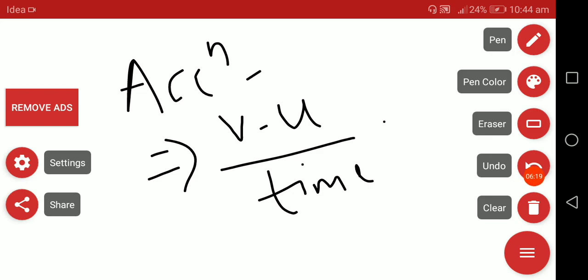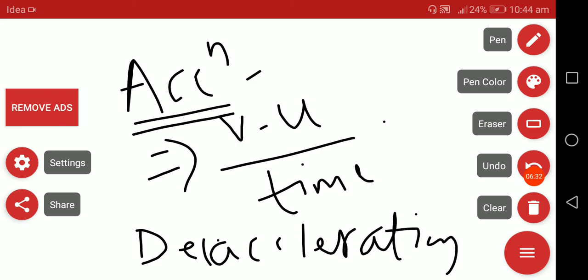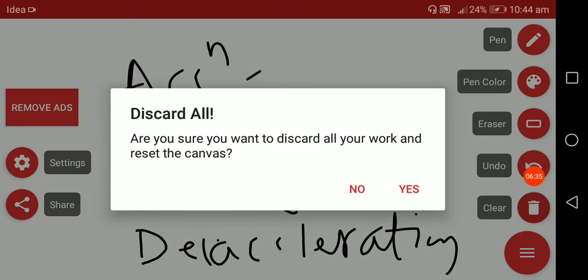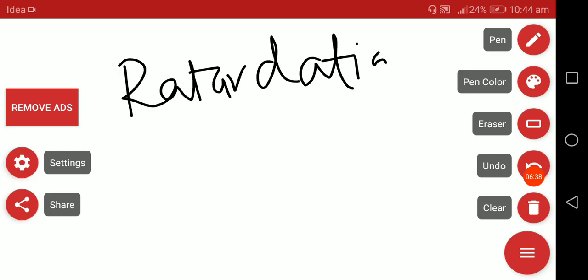Now if velocity increases, it is called acceleration. If velocity decreases, it is called deceleration, or it is also called retardation.